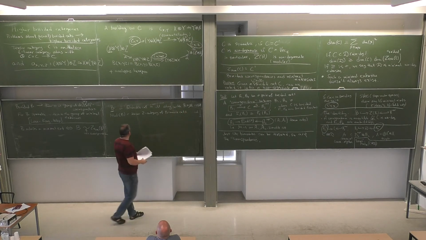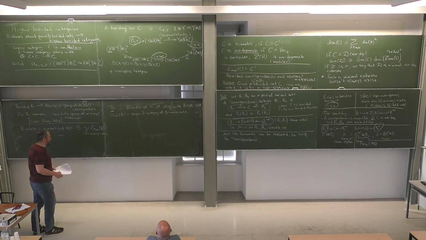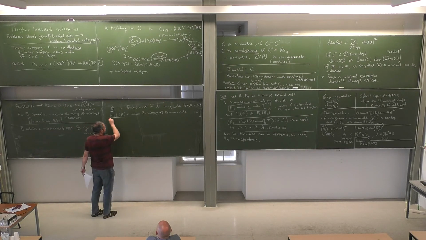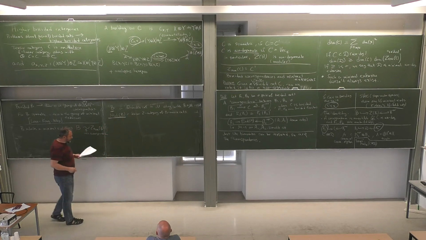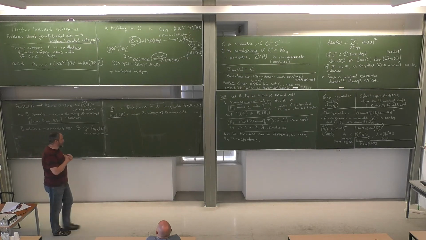Why 2-category? Because objects are categories, 1-morphisms are module functors between them, and 2-morphisms are natural transformations of these. You have one more level of modules. Again, as one would expect, this thing carries a lot of information about the original category.